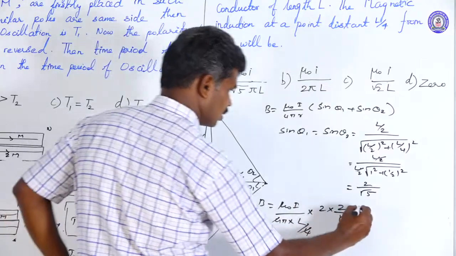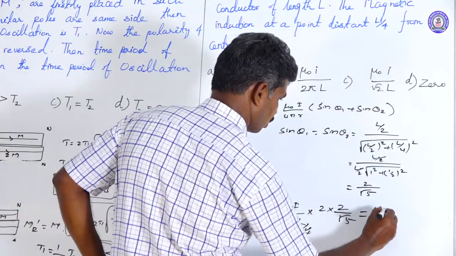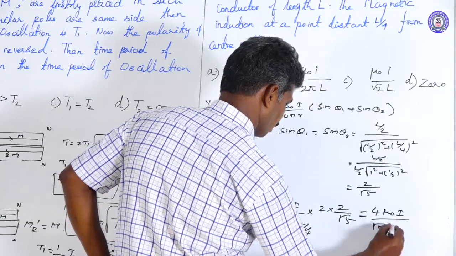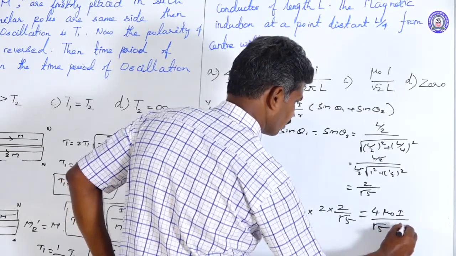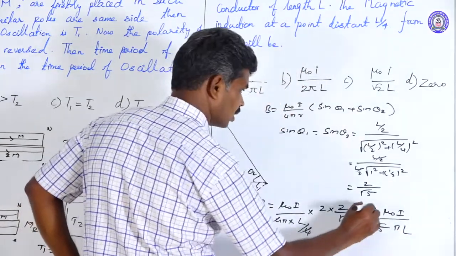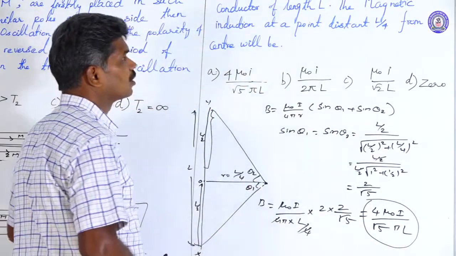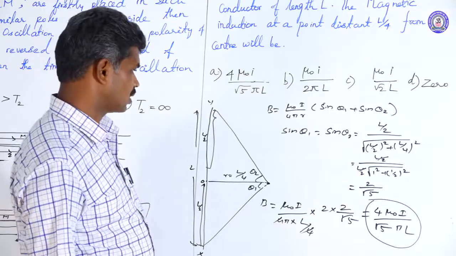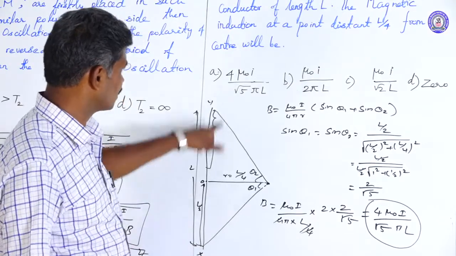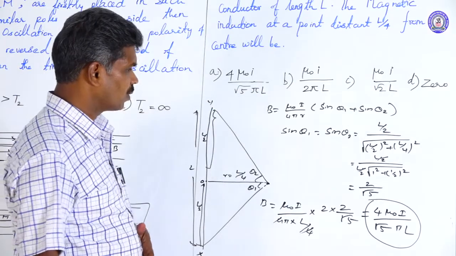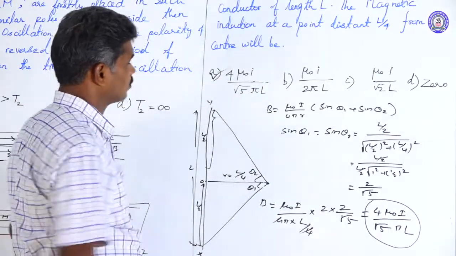Then merging it, we will get 4 mu naught I divided by root 5 L. That is the total magnetic induction at the point at L by 4 distance. That is our answer. The first option, 4 mu naught I by root pi L, is our answer.